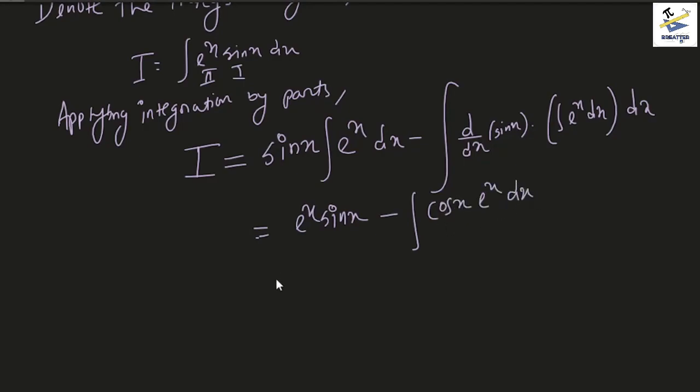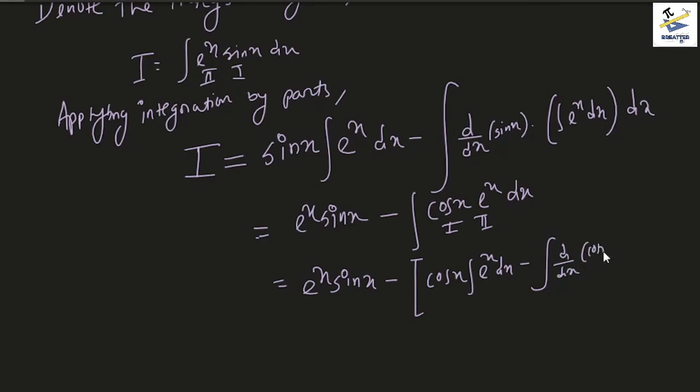Now this is another integral. So again we apply the same integration by parts technique with cos x as the first function and e to the power x as the second function. Notice how we have to do integration by parts twice here, and you will see why. It becomes cos x into the integration of e to the power x dx minus the integration of d/dx of cos x, and as you know, the integration of e to the power x dx is just e to the power x.